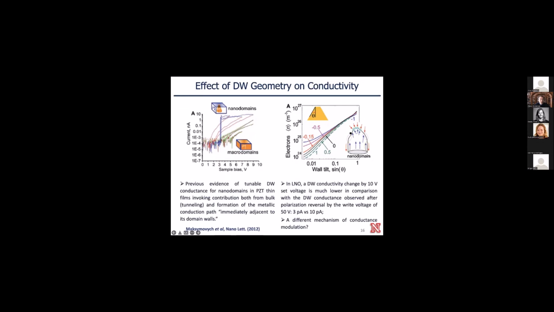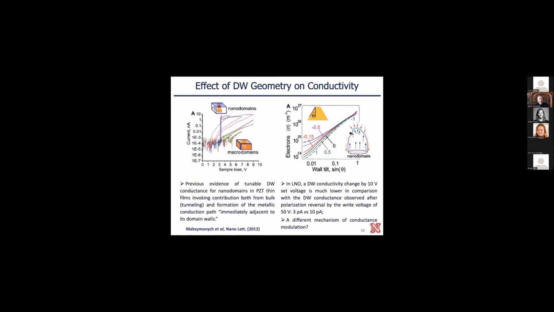Therefore, we assume that the conducting behavior of the head-to-head domain walls in our films of lithium niobate is a result of polarization charge discontinuity at the inclined domain walls.